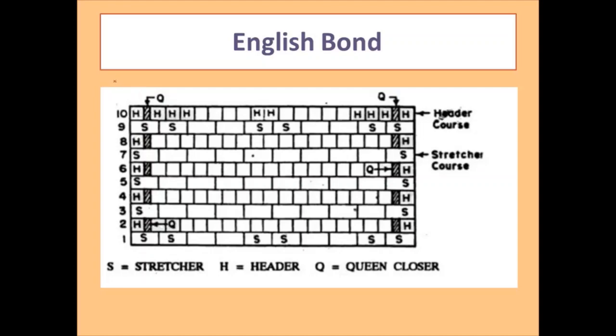That means here in this bond you can find alternate stretcher and header courses. So if the first course is a stretcher course, second will be the header course. If first is the header course, second will be the stretcher course. Like that it will be.